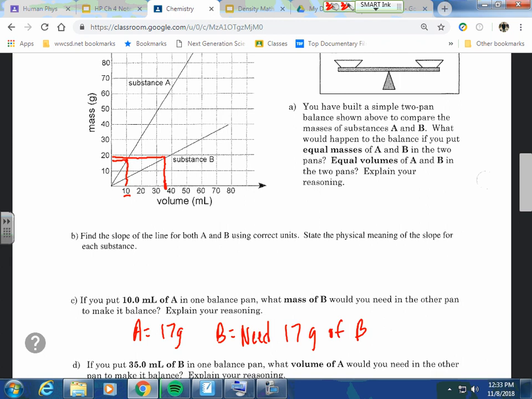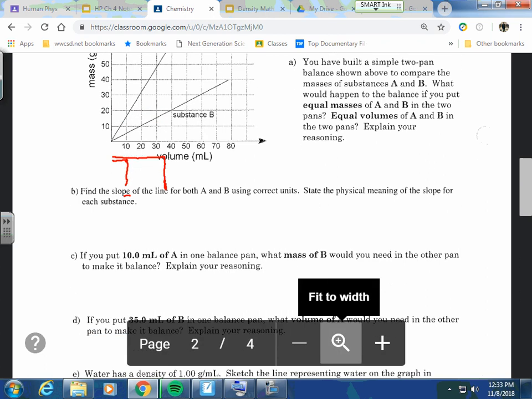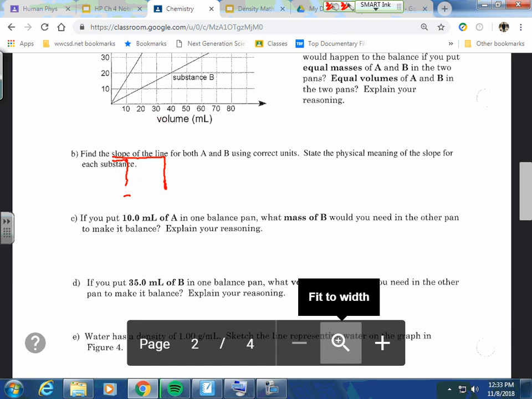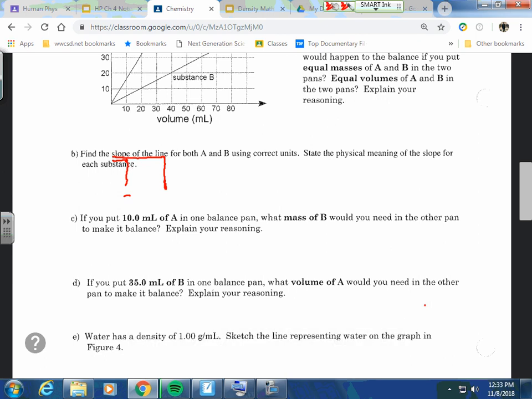This is letter D. So 35 milliliters of B would have a mass of about 19 grams.